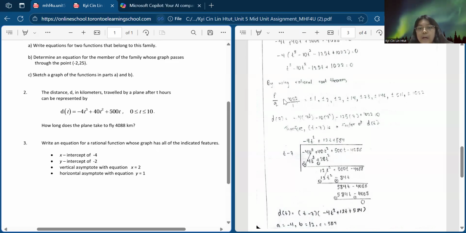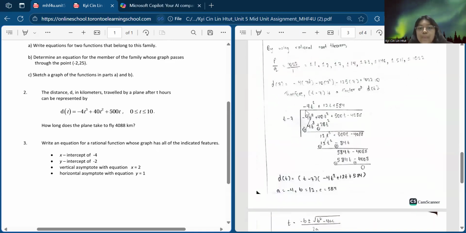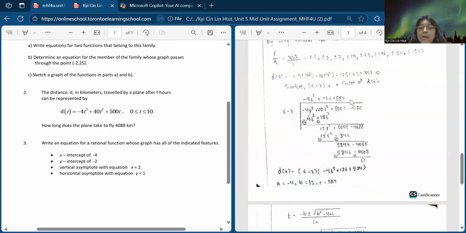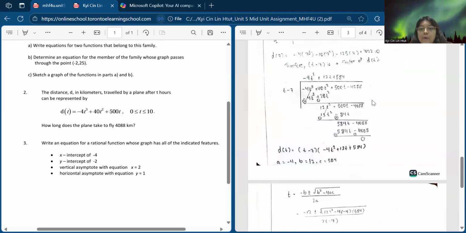So this is what we get, and these are all the possible values that might turn the equation into 0. From here, I chose +7 to substitute, and when I substituted it, I got 0, and therefore I was sure that t - 7 is a factor of d(t). From here, I factorized the equation and I get this equation.